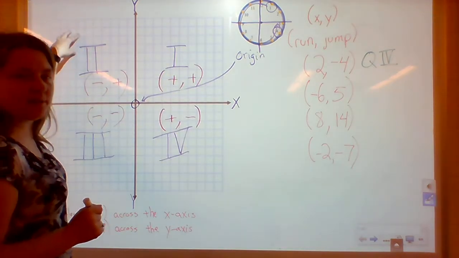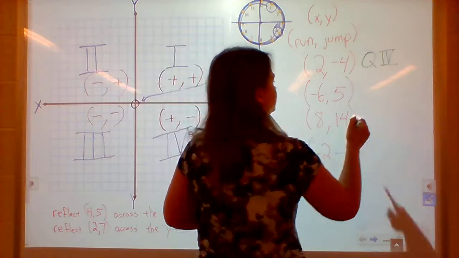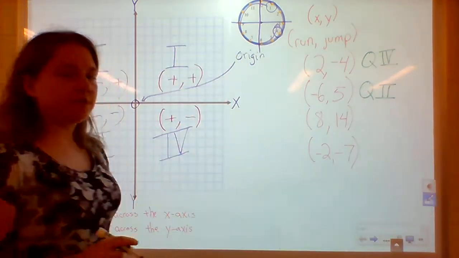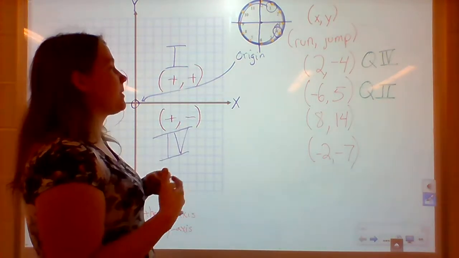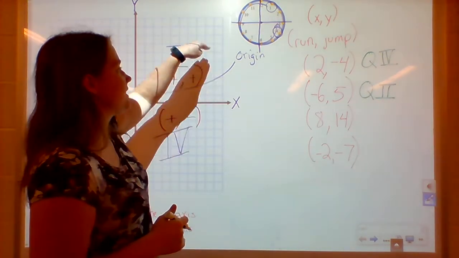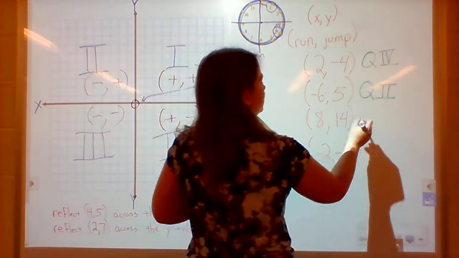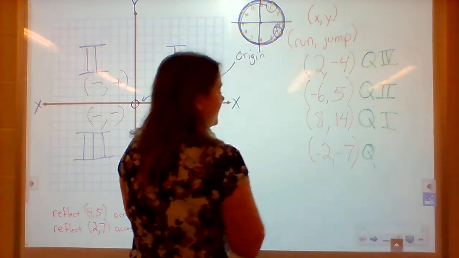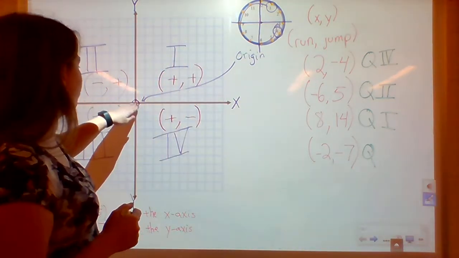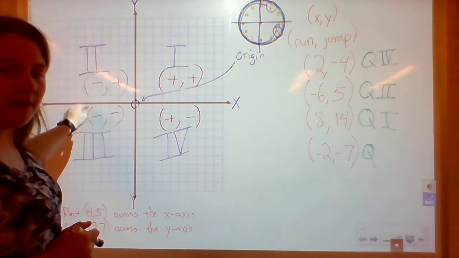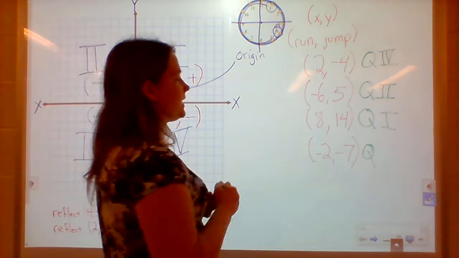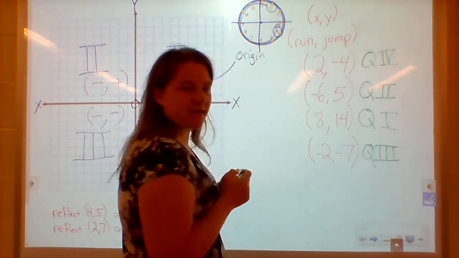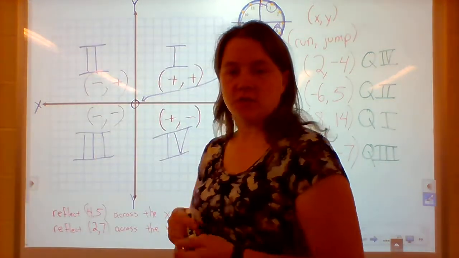That's going to land me in quadrant 2. 8, 14, those are both positive numbers, so I'm going to run positive and then jump positive. That will land me in quadrant 1. -2, -7 will have me running backwards and then falling, which will land me in quadrant 3. And that's what you need to know about how the quadrants work out.